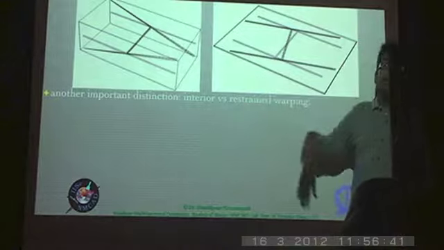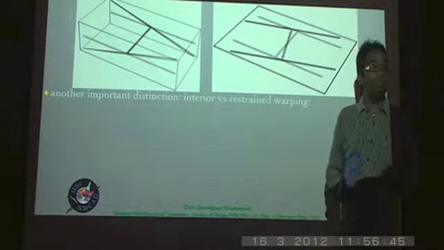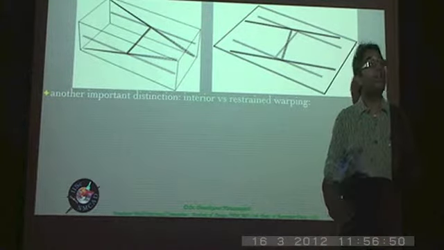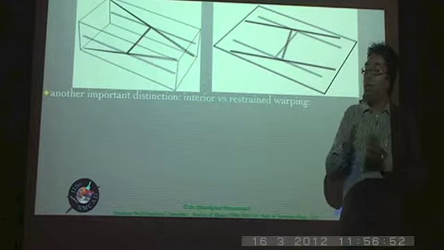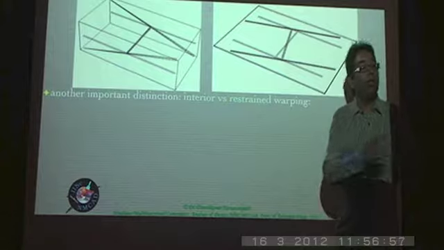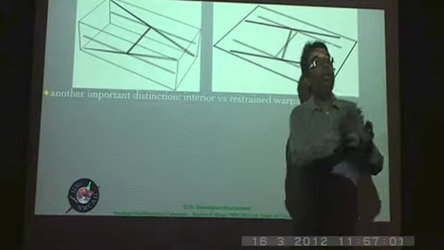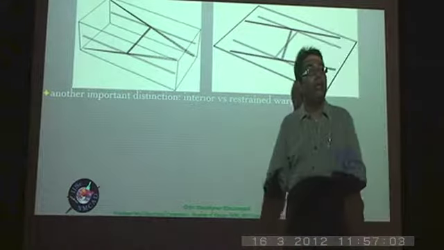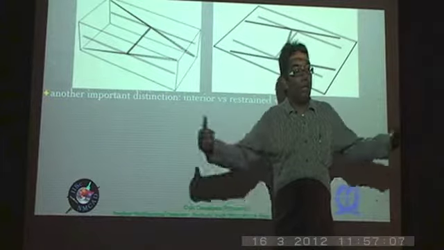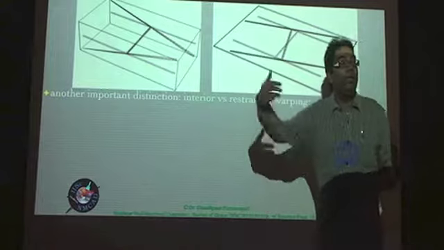On the other hand, the restrained warping is something which is associated with the kind of boundary conditions that you have and how that permeates into the rest of the structure, primarily because St. Venant's principle no longer holds good. What St. Venant's principle basically says is that as long as you are into the interiors, which means basically of the order of the cross-sectional dimension into the length of the beam, beyond that it really doesn't matter how you apply the loads at the end.